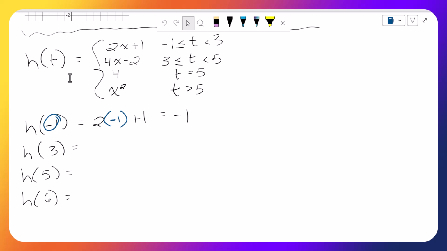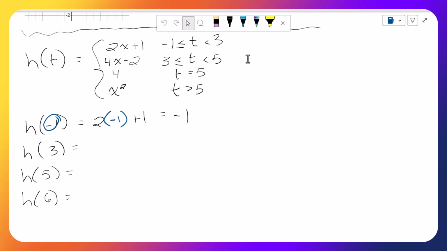And for h of 5, what I expect some of you might have done is you might have looked and said, well, I have a 5 here, and I have a 5 here for my input value. I also have a 5 here. But this is an expression. This doesn't have any variables. There's nothing for me to do here.